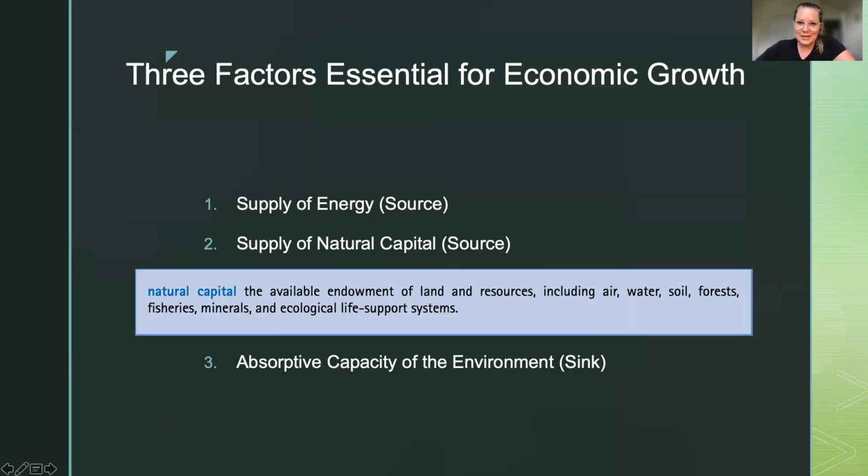So this means that the size of the population is very important when thinking about economic growth, as well as the amount of natural resources that we require to grow the amount of goods and services that are produced.